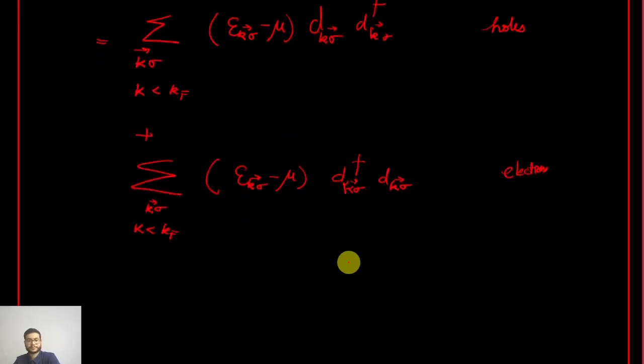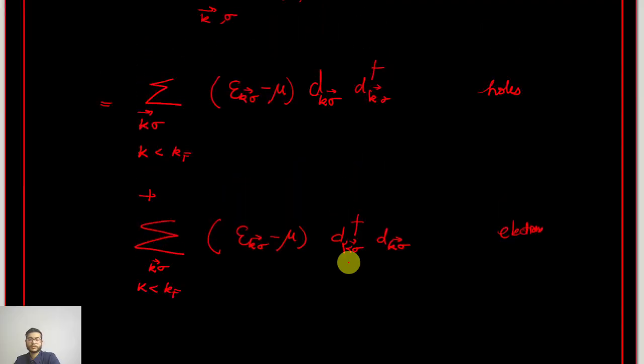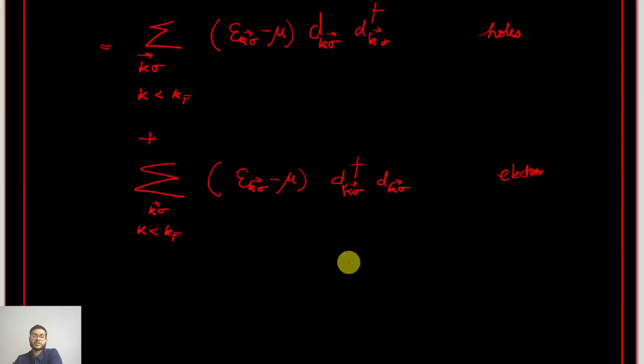Holes and electrons are both fermions. Because they are indistinguishable, and because of the Pauli exclusion principle, they can't take up the same state.